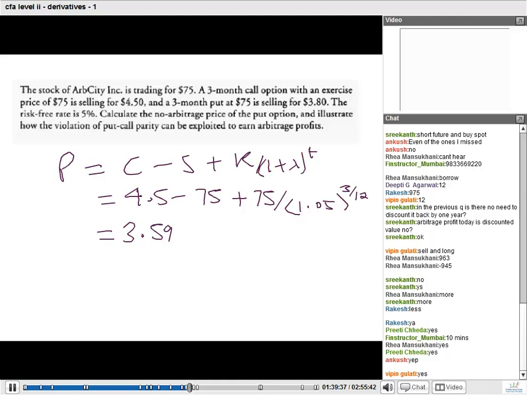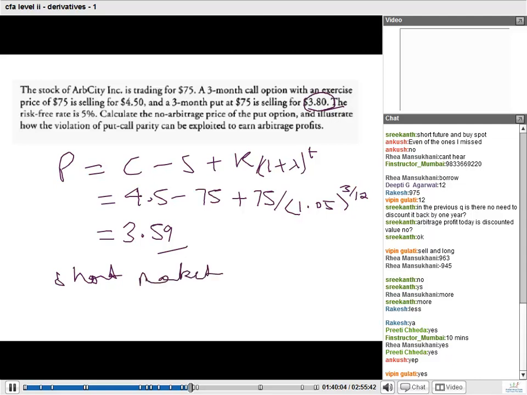The observed market price of the put option is 3.8. Again, the principle of arbitrage: short what is expensive. Is the put option cheap in the market or expensive? You should be getting it for 3.59. You're actually getting it for 3.8. So short in the market and long synthetic.